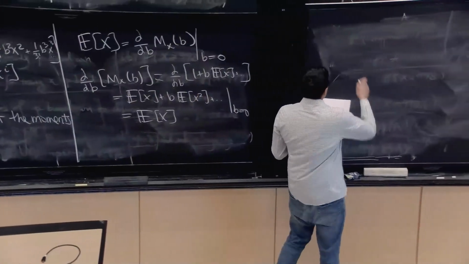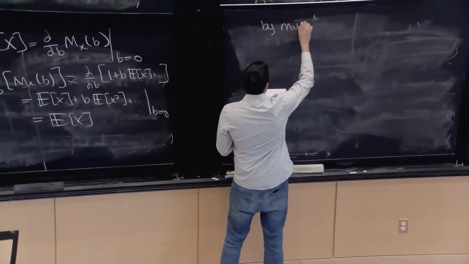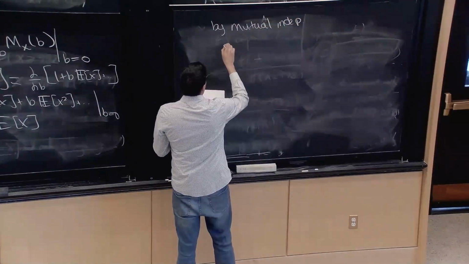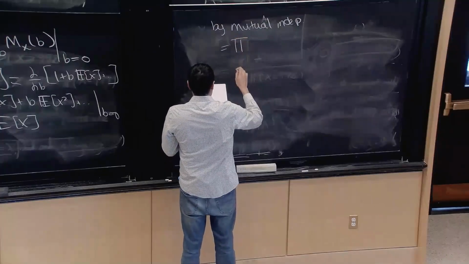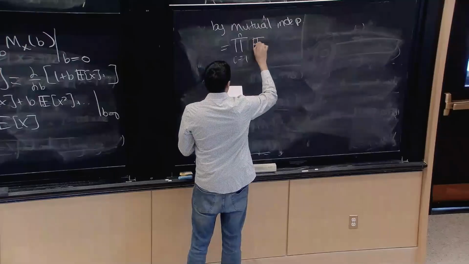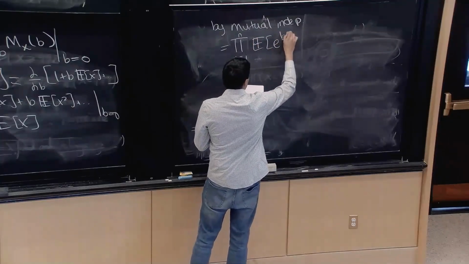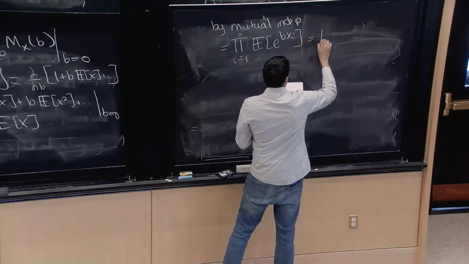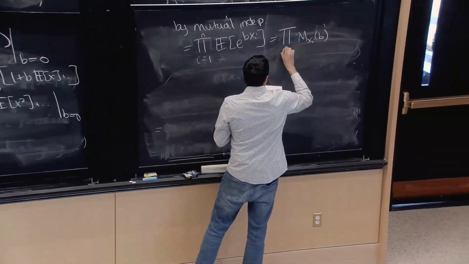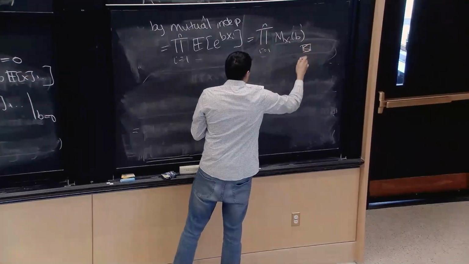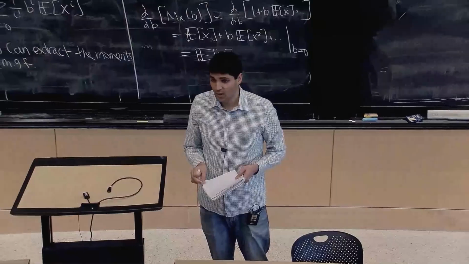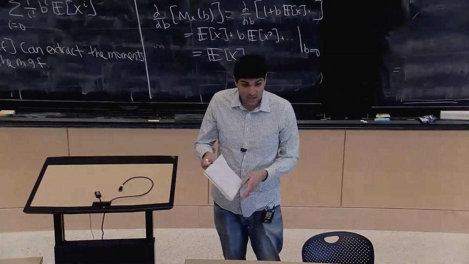And so by mutual independence, we can pull the product outside. This is where I crucially need not just pairwise independence. And I'll get the product of all of these expectations of e to the b x_i. And that's literally the product of their moment generating functions. Exactly as I promised. So that's the first lemma, the first key ingredient we need for the Chernoff bound. Okay? Any questions?